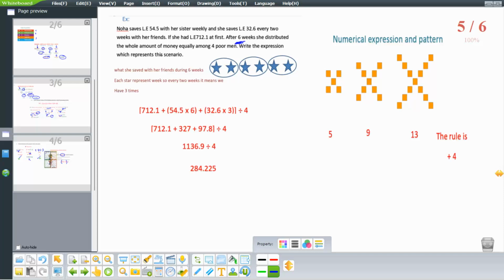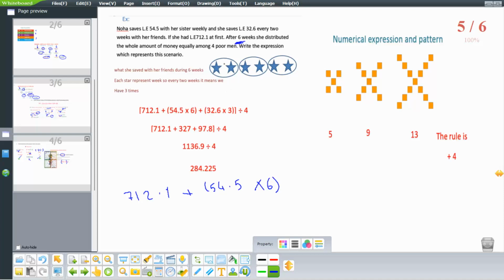So we need to multiply 54.5 times 6. So she had 712.1 at first, then 54.5 times 6, because she saved it in 6 weeks.